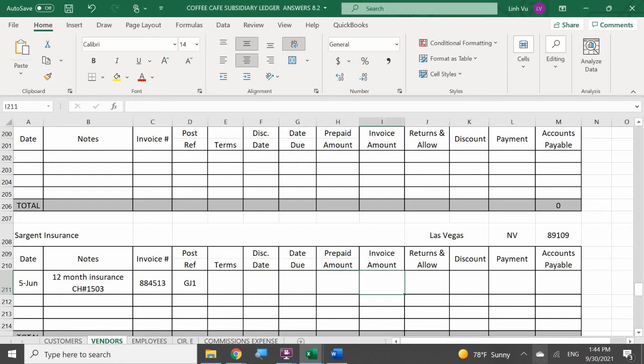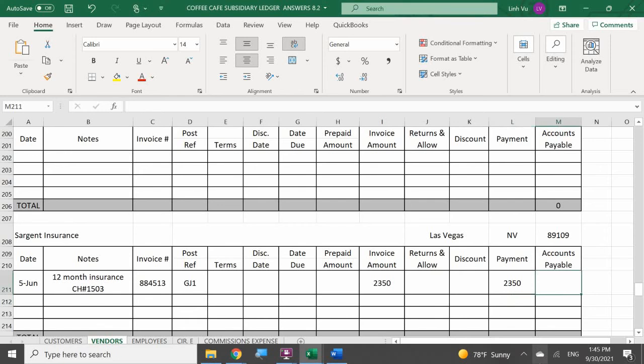No down payment. In this case, how much was my invoice amount? 2,350. And did we make any returns? No. Did we get any discounts? No. And did we make a payment? Yes, we wrote a check.